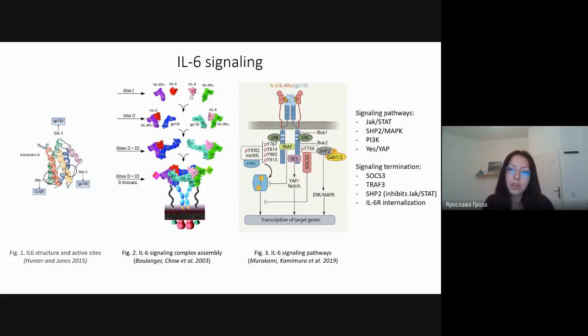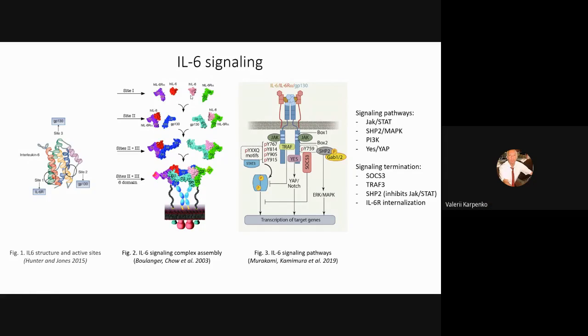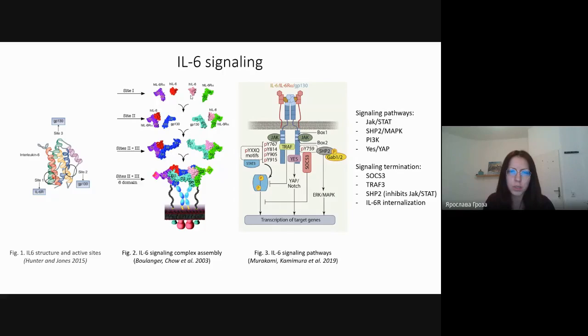I'm sorry, is everything okay with the sound? Я перепрошую, мене добре чути чи ні?